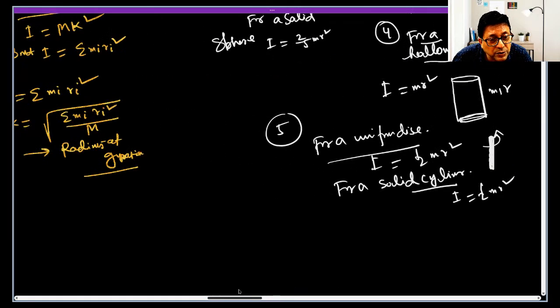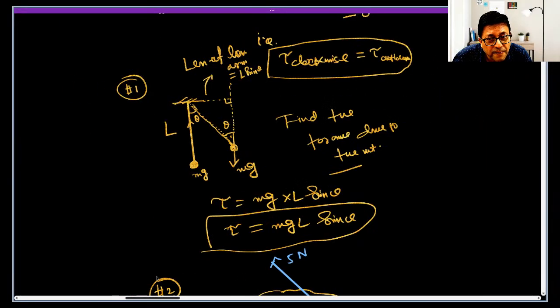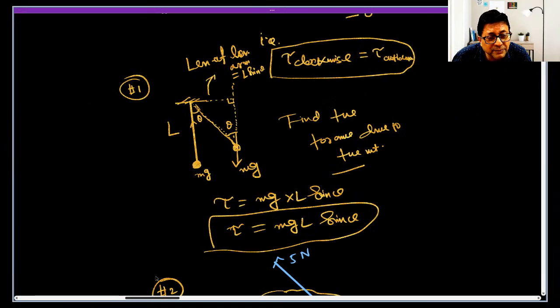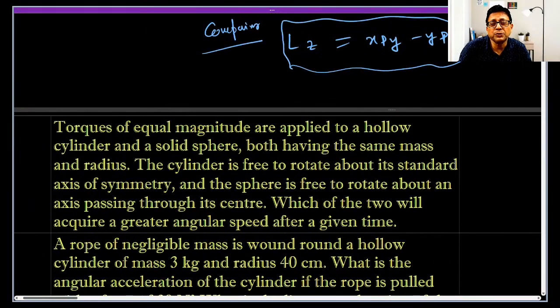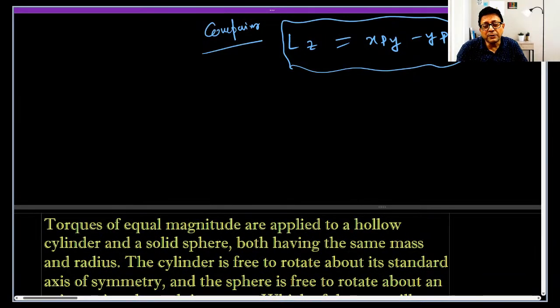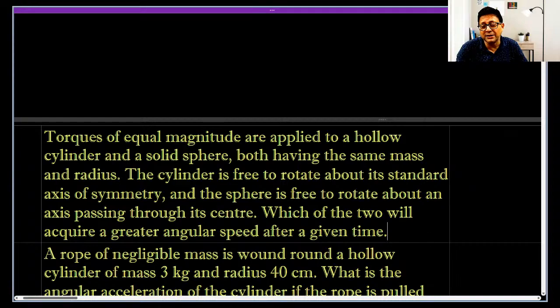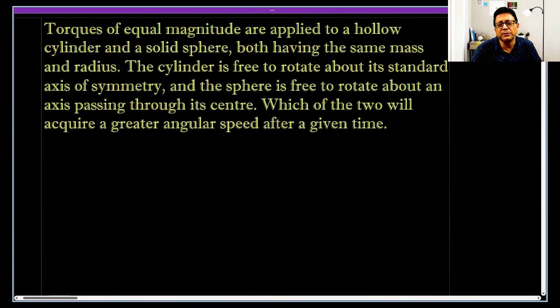Now let us go for solving some textbook problems. Another thing I have to remind you: for rigid bodies, obviously you have revised properly, and doing it here with me, no problem.